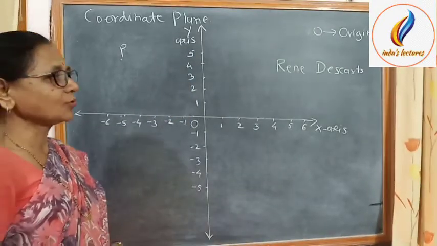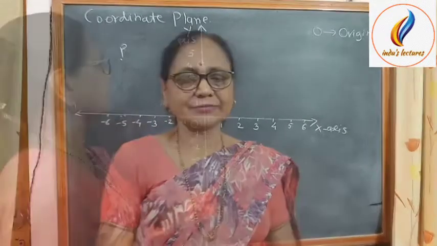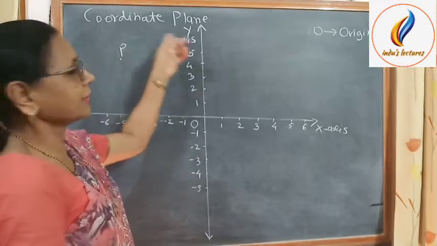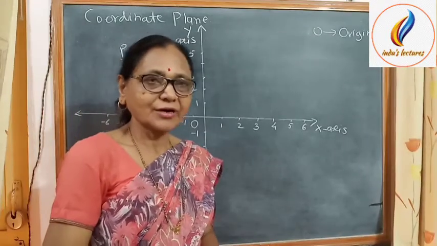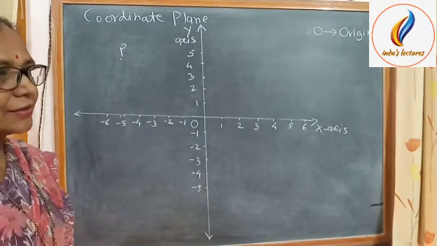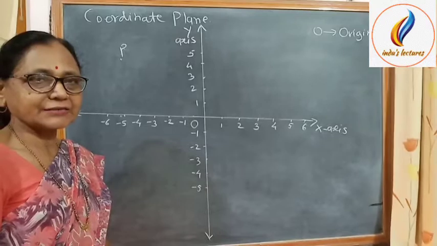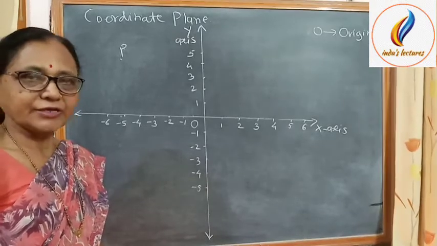Now what are the components of the Cartesian coordinate plane? The first component is the quadrant. Now what do you mean by quadrant? We know that in a plane two number lines intersect each other and these two number lines are perpendicular to each other.